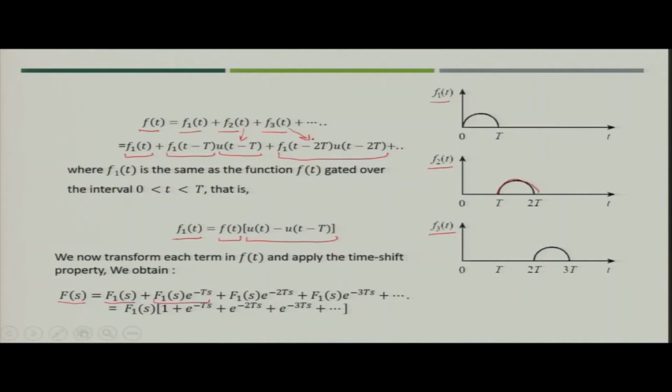For the third term it will become F1(s) e to the power minus 2Ts, and so on. So finally you will get one expression which is F1(s), and within brackets you will get 1 plus e to the power minus Ts plus e to the power minus 2Ts, and so on.